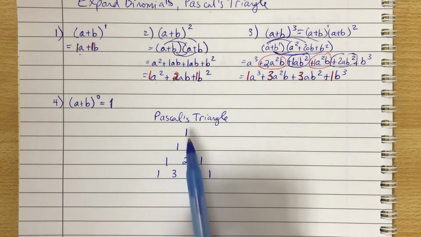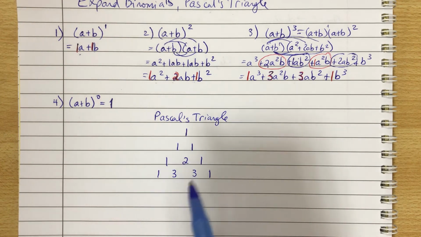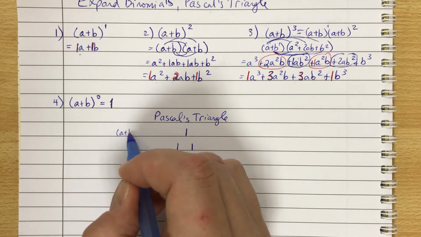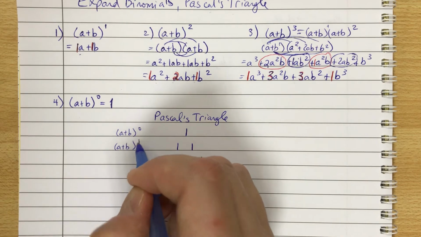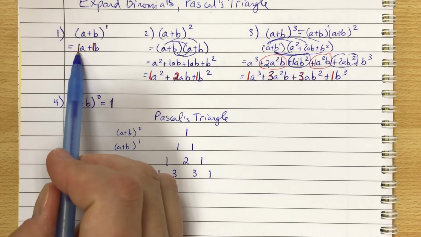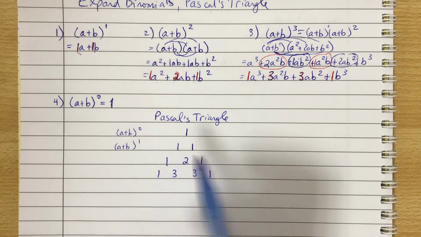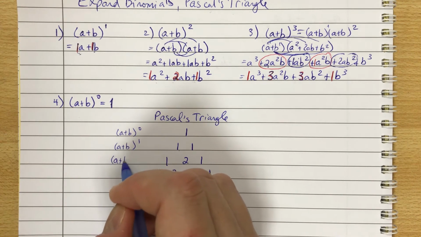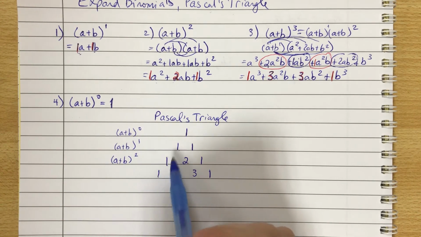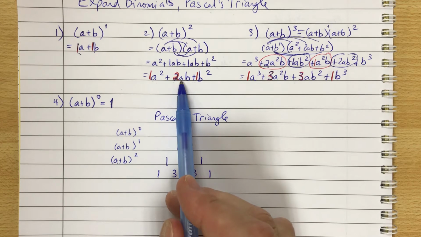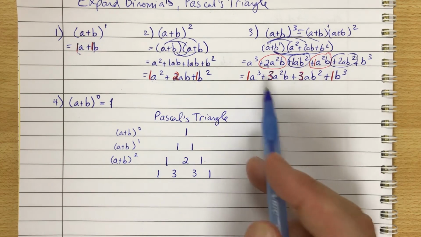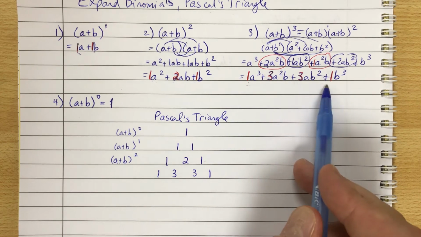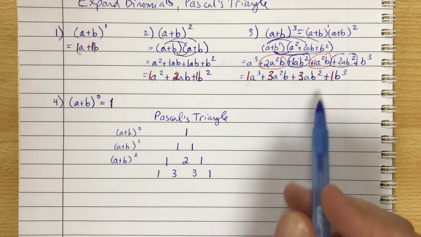That happens to be the coefficients that we just got from a plus b to the 0, a plus b to the first, that's 1a and 1b, 1, 1. A plus b raised to the second, we had 1a squared plus 2ab plus 1b squared, 1, 2, 1. And then here's a plus b to the third: 1, 3, 3, 1.